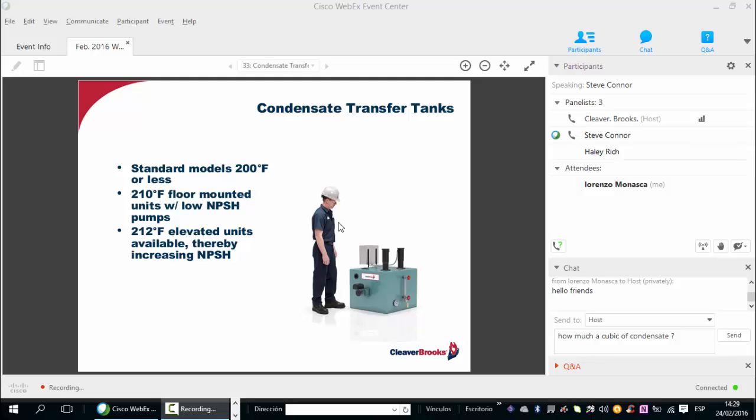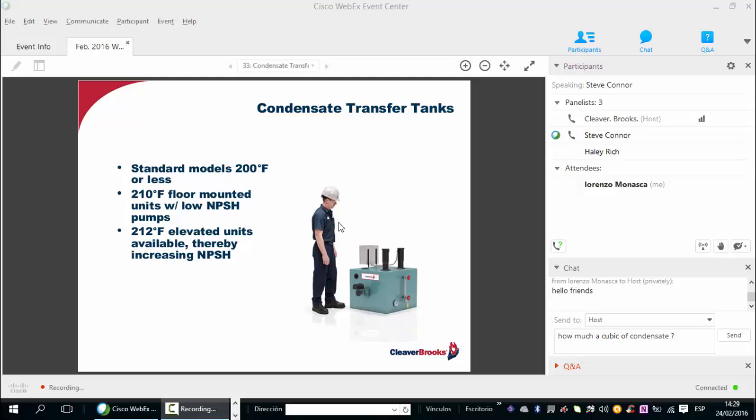Therefore, what is normally required is the use of a condensate transfer tank, as shown in the picture now, and there could be several of these dispersed throughout the facility, capturing condensate at various points and then delivering it to a common return line going back to the boiler room. Now, as you can see, these systems include an integral pump, a motor, and a tank, a complete package.